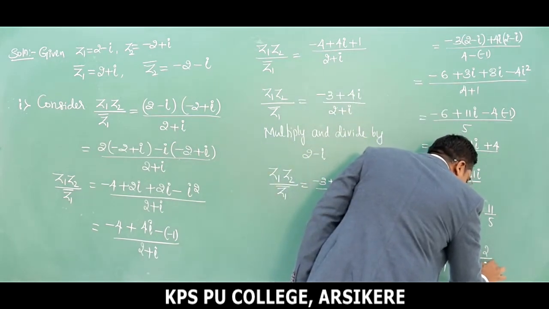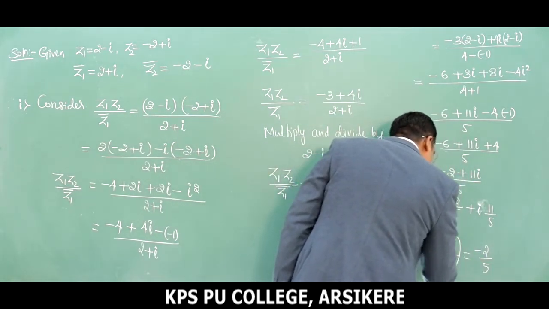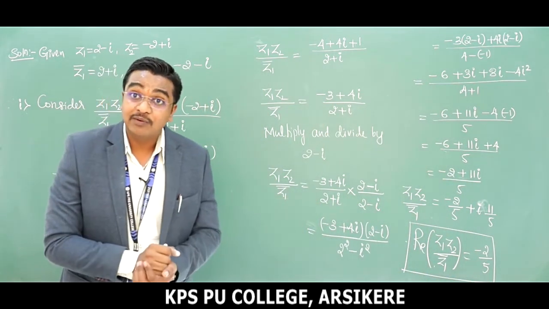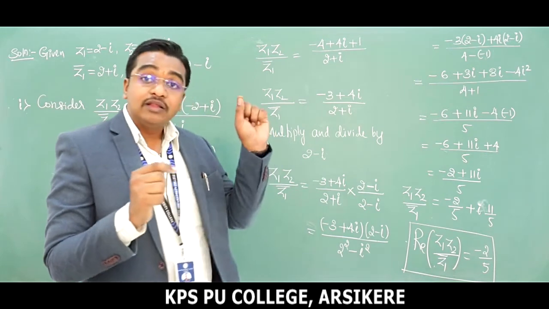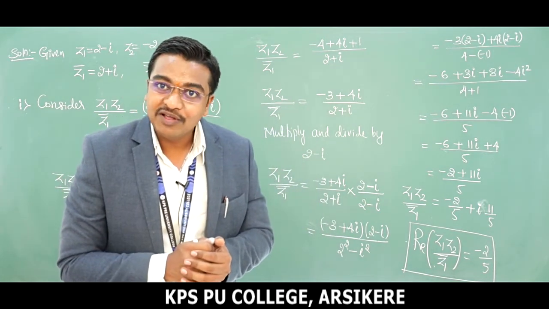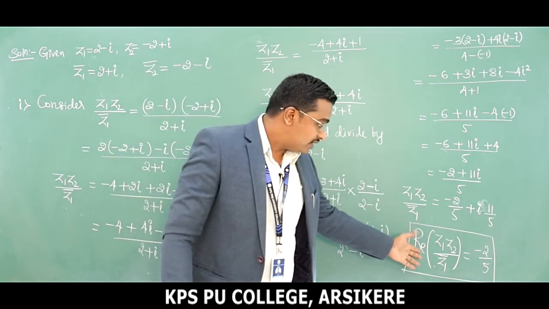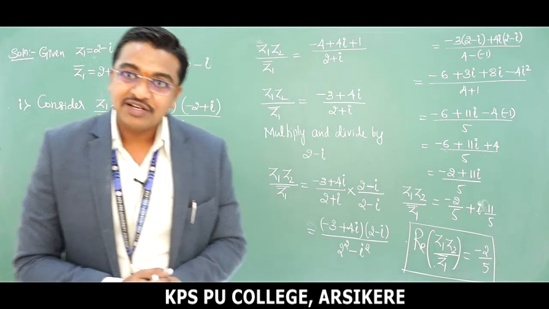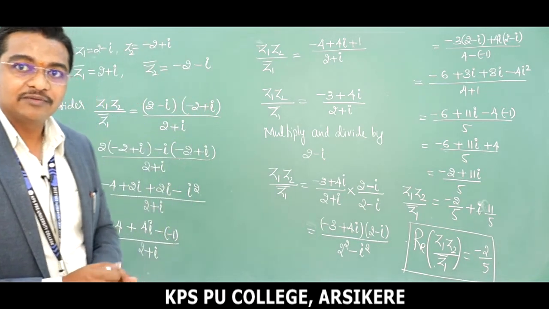This is our requirement. And the imaginary part is 11 divided by 5. So what are they asking here? We need to find the real part of Z1 into Z2 whole divided by Z1 bar, and the corresponding real part is minus 2 divided by 5. Take a pause and note all the things I have written here.